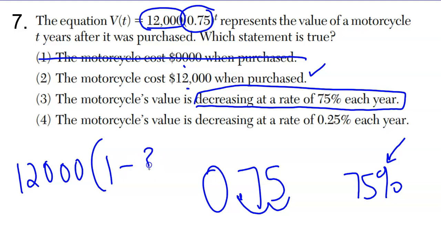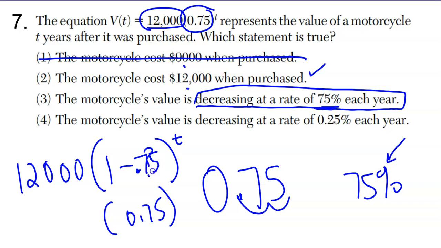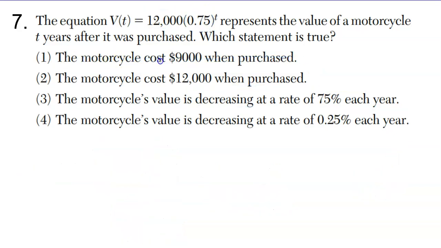So 1 minus something is going to give me 0.75. If it was decreasing at 75% each year, then it would be 1 minus 0.75, not just 0.75. So this one is out.